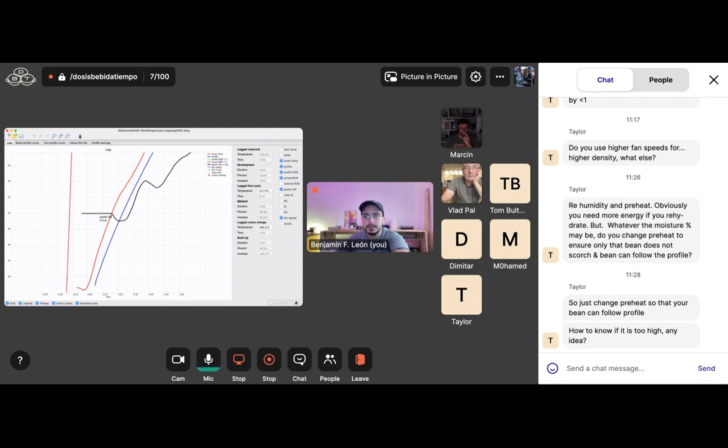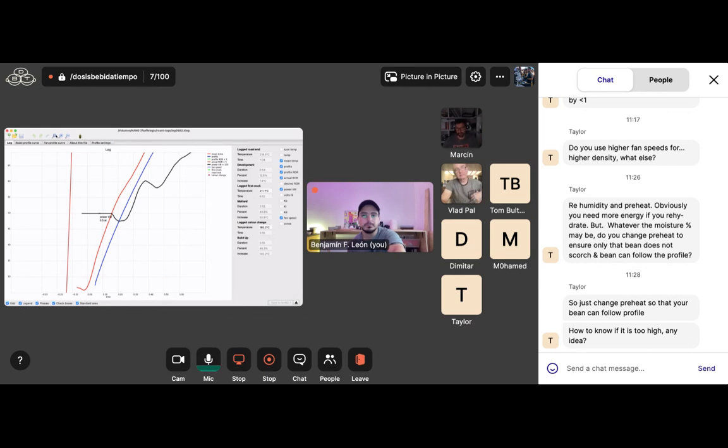So with the 0.5 kilowatts preheat, and this is a 70-gram batch, if I recall correctly, there's a little bit of an overshoot.